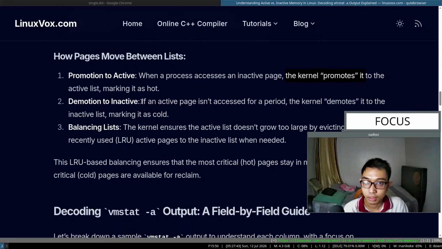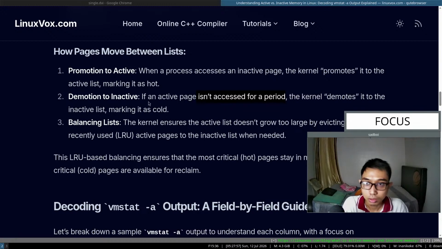Okay. Demotion to inactive. If an active page isn't accessed for a period of time, right? The kernel demotes it to the inactive list.